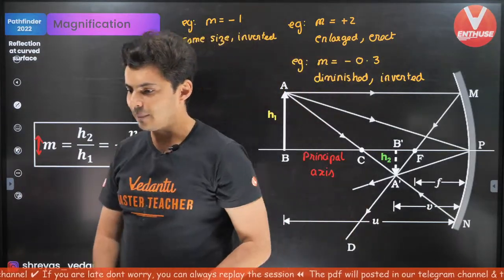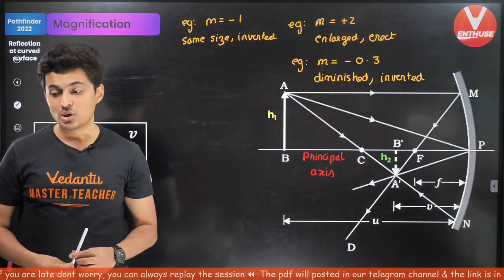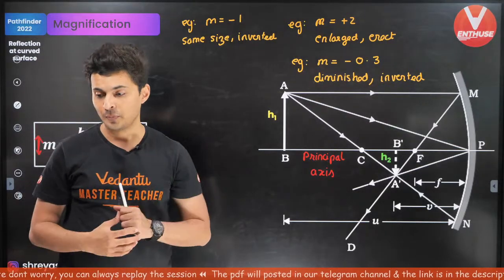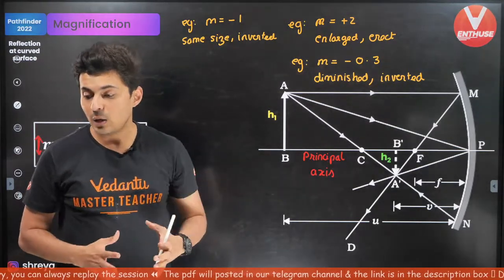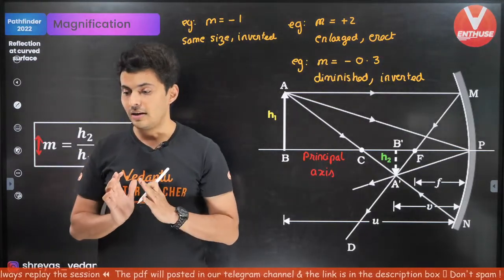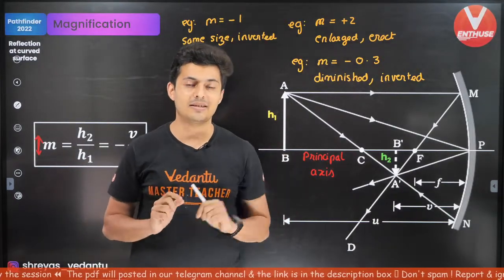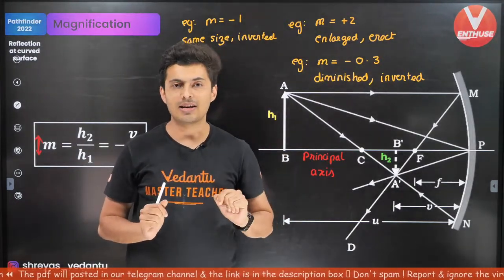All right? Yep. So can we say the image is virtual or real by magnification? No. You can figure out whether the image is real or virtual only via the image distance, not via the magnification.